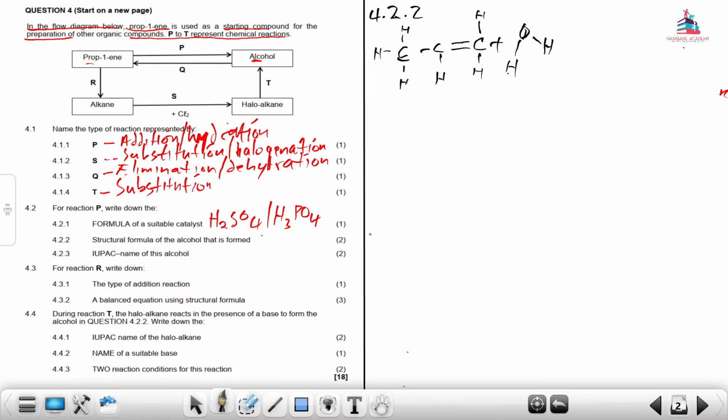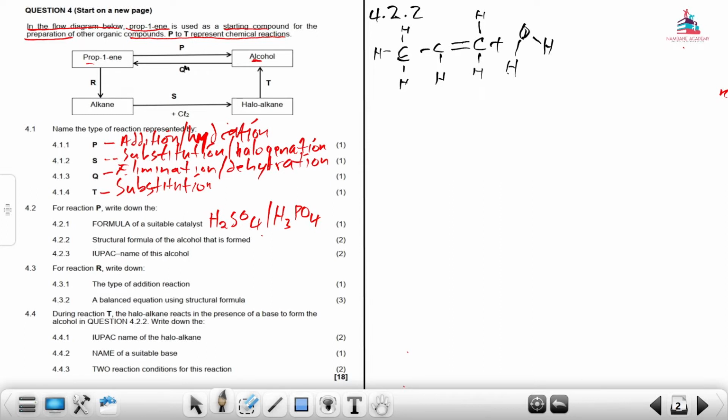So when I do that, it allows me now to apply Markovnikov's rule. I'm going to try and explain it in simple terms. What Markovnikov's rule says is, the carbon with a higher number of hydrogens will receive more hydrogens.